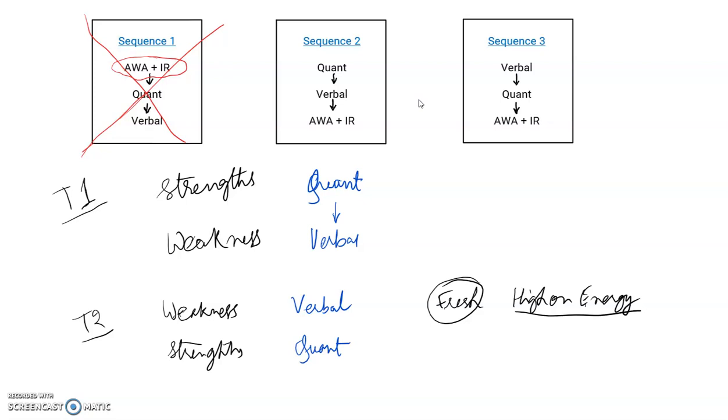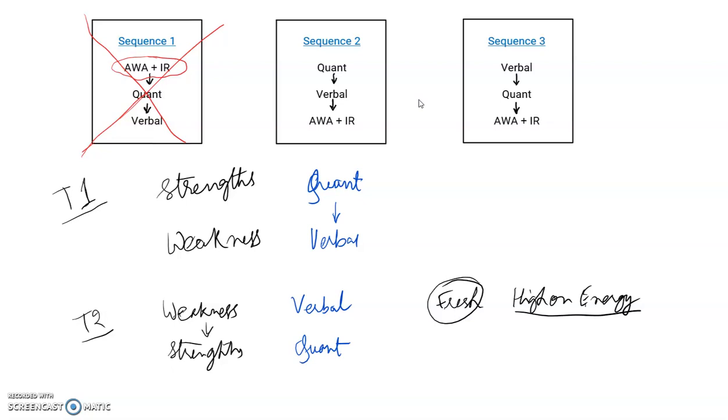So people who believe in the second school of thought always say that you should start with your weakness first and then go to your strength. The idea is pretty simple. You do the weak area when you are fresh, when you're not feeling fatigued, so you do well on your weak areas and then you go to your strong area. That's the first reason they follow this school of thought.